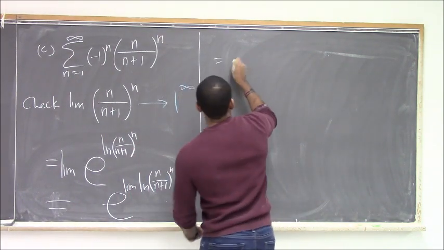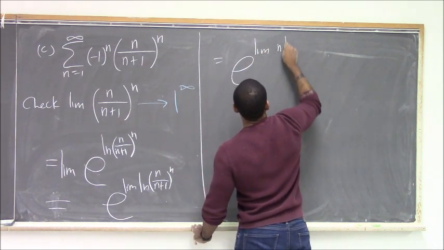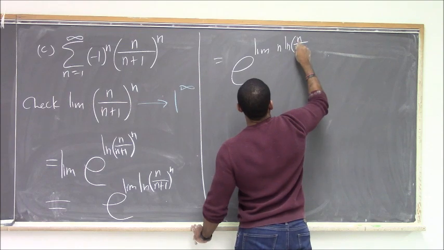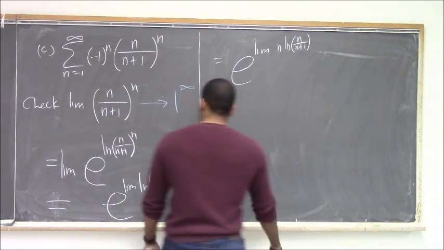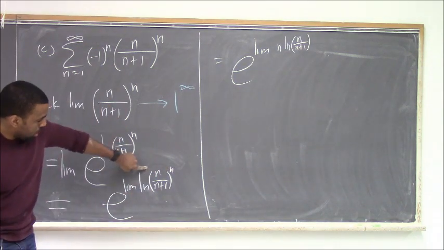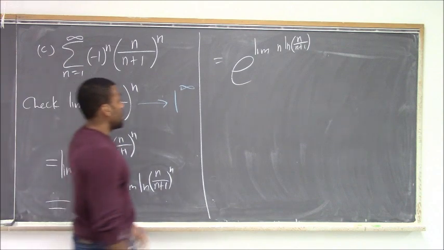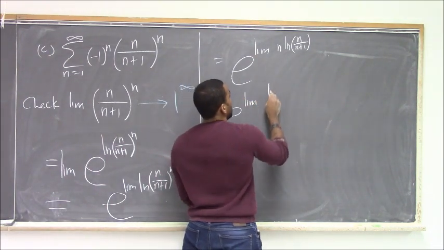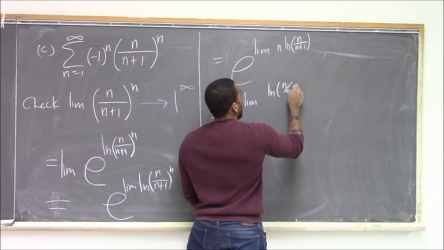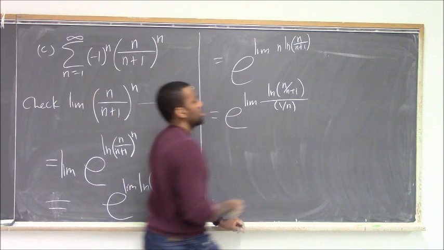This is equal to e to the limit of, well, n times ln of n over n plus 1. Right? Because that's a log rule. We can bring powers down, put it in front of the log. Now, of course, we know the trick here, again from Calc 1, of moving someone down and taking their reciprocal instead.